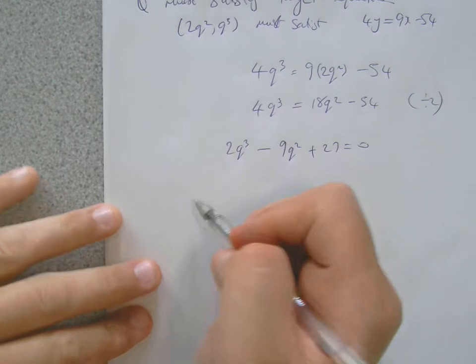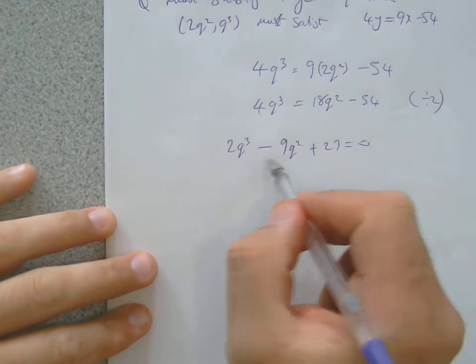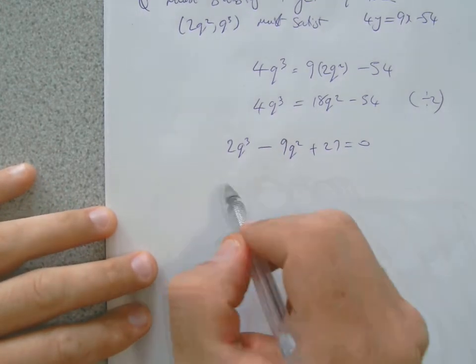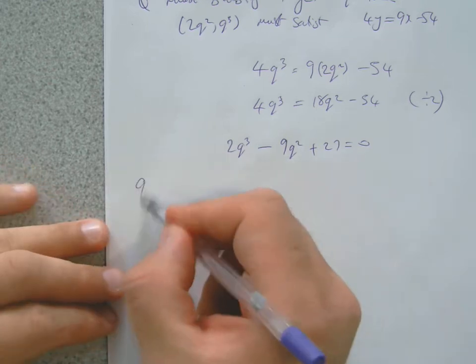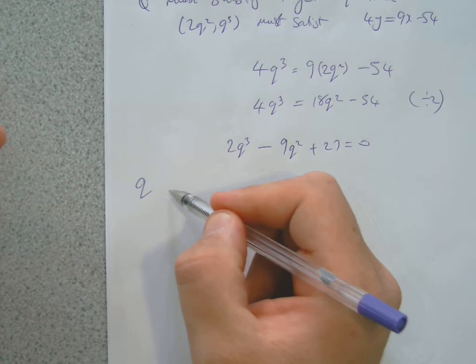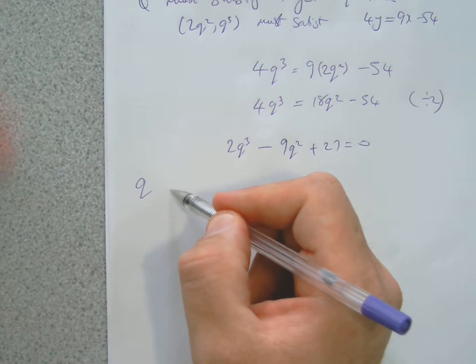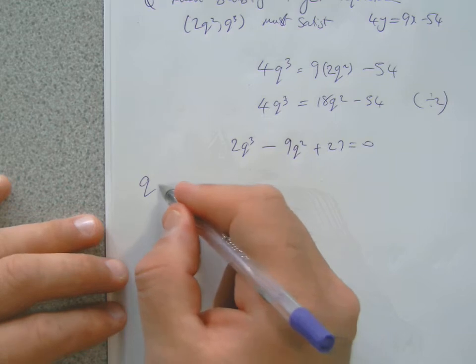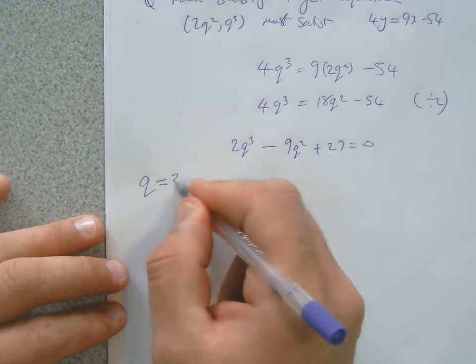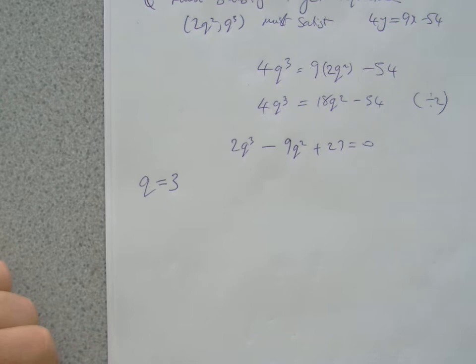So what we'll do is set q to be a value to work out one of the factors. You could set q to be 1, minus 1, 2, minus 2, that's sensible. But actually, I'm going to jump to q equals 3 straight away.